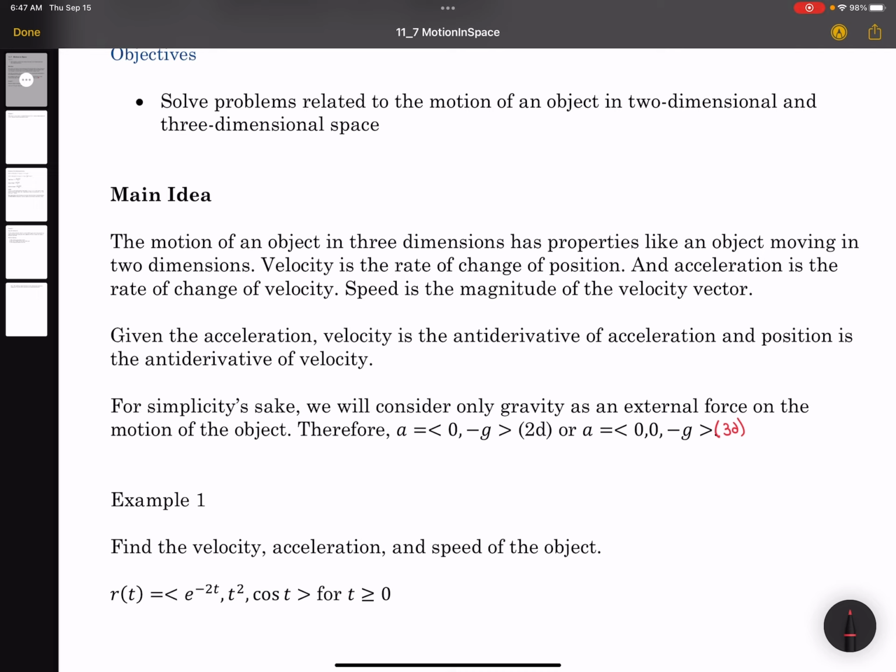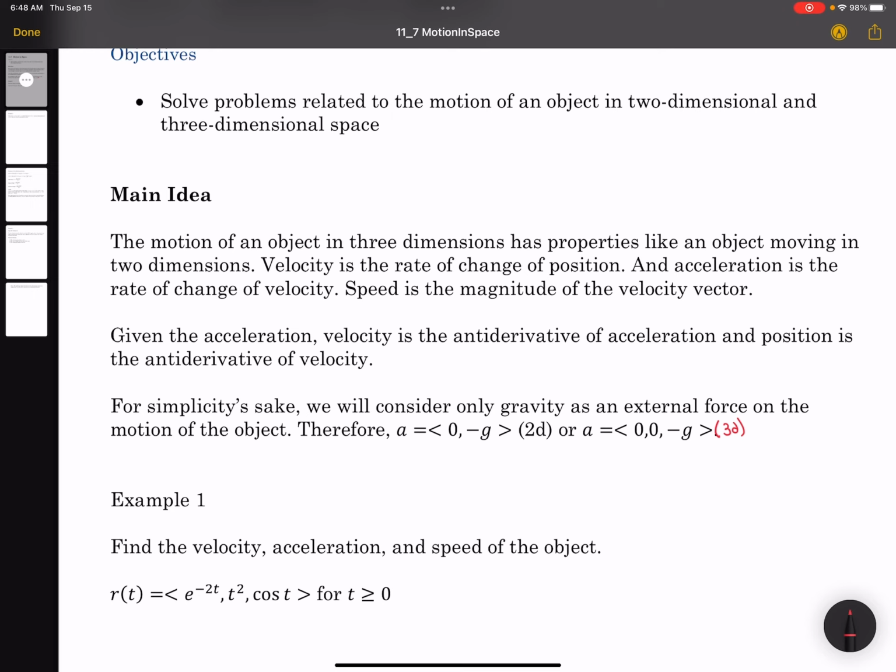And if we were starting from acceleration, the antiderivative of acceleration is velocity. And given some initial value conditions, the velocity equation can be solved specifically for a certain time of t. And then if we take an antiderivative of velocity, we can get position. So we're going to do those two things in the second and third example.